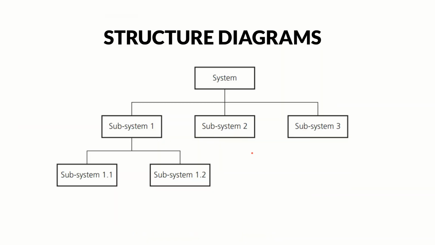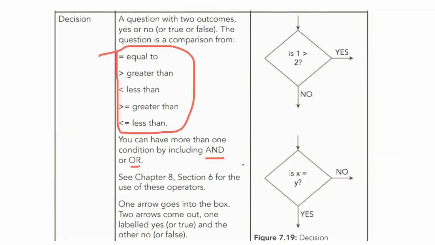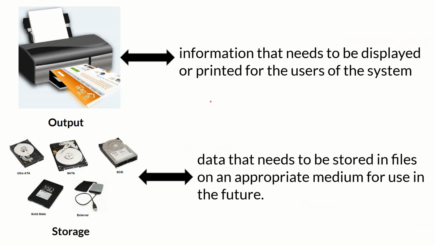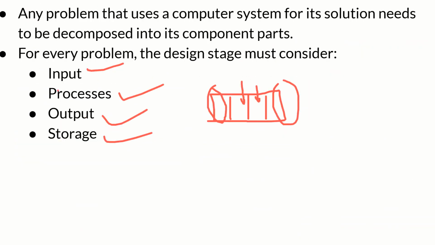The next one is the structure diagram. Now, if you look at the structure diagram, that one resembles what we spoke about with regard to the decomposition thing. We use the structure diagram for this a lot.